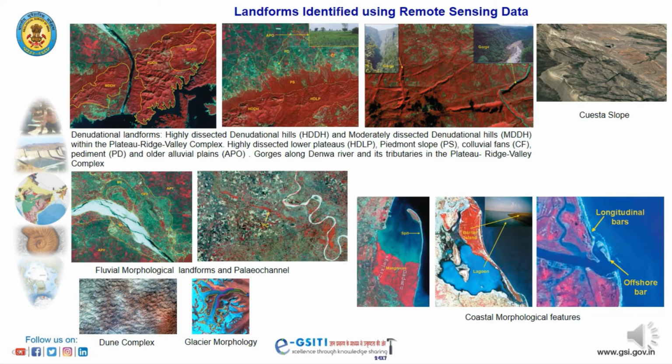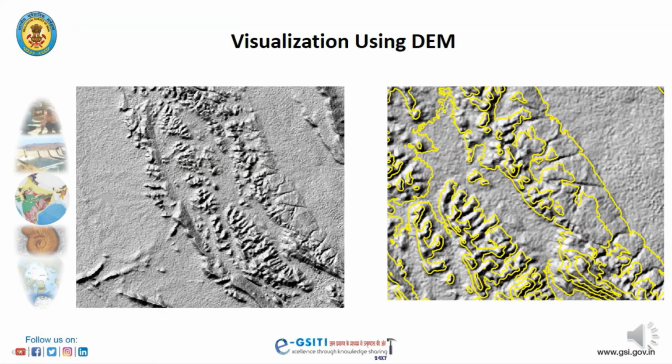Fluvial morphological features, paleochannels, coastal morphological features like barrier island, lagoon, longitudinal bars, offshore bars, spits are clearly visible through the satellite imagery. Aeolian landforms like dune complex and various glacier morphology are interpreted using satellite imagery.